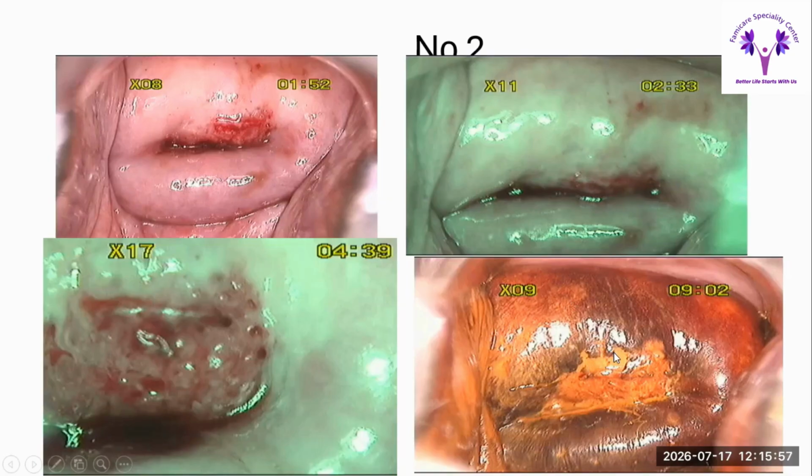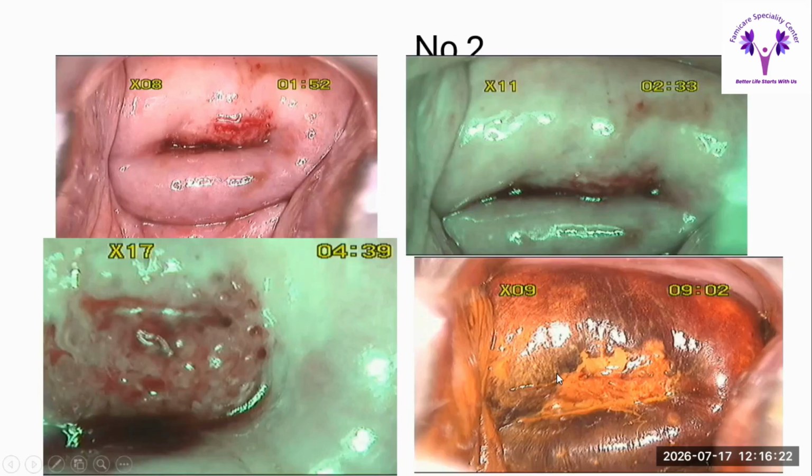Again, the margins of the neosquamocolumnar junction are very diffuse. If you calculate the Swede score, without showing the acetic acid uptake again, the calculation is difficult. But in this case, only shady or milky uptake was present and the margins are diffuse.